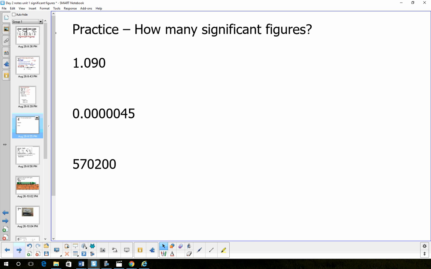Caitlin, I'm going to have you do one. Sienna, will you come up and do number 2? And Zayden, will you come up and do number 3? One more. And then write 4.